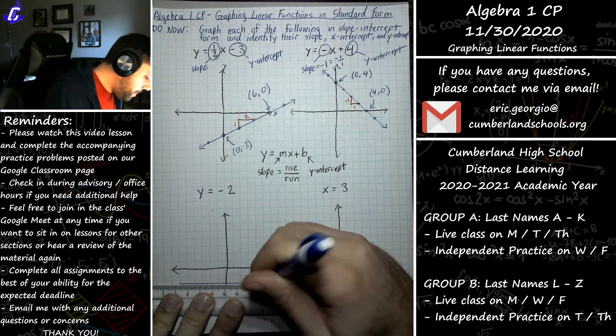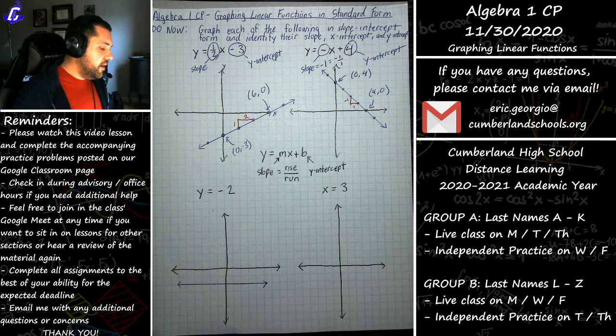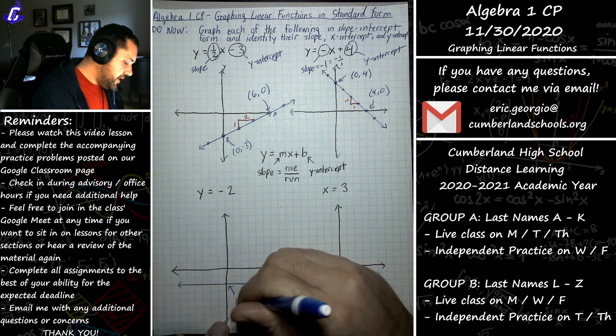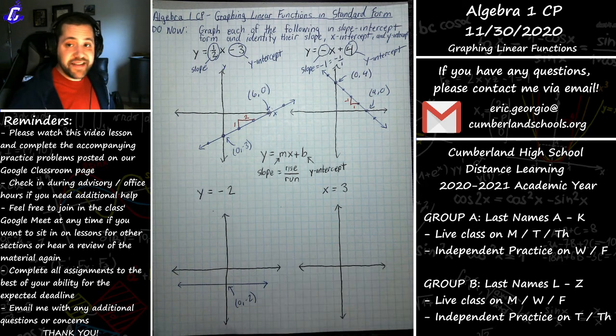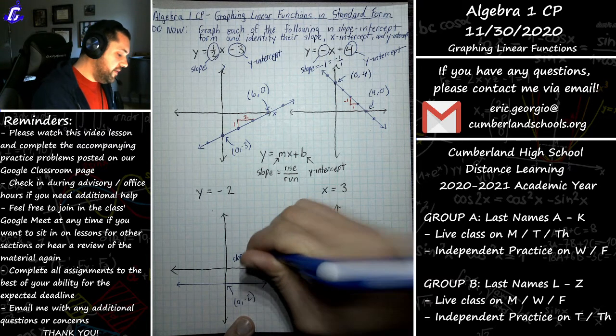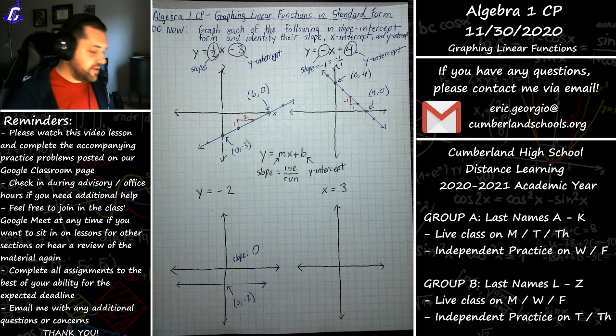Horizontal line, like that. Here's your y equals -2. The y-intercept would be, in fact, right here, of course, 0, -2. There would be no x-intercept, and your slope would be 0 in this case, because a slope of 0 means you have exactly that flat horizontal line.